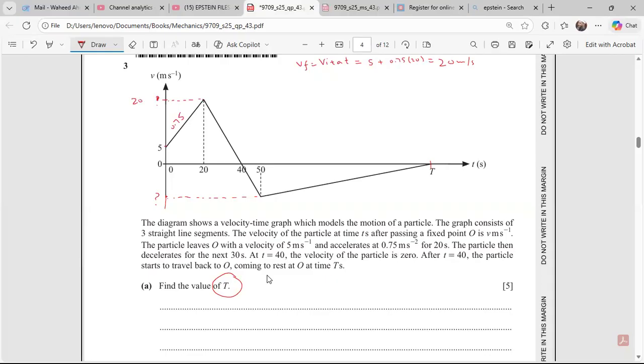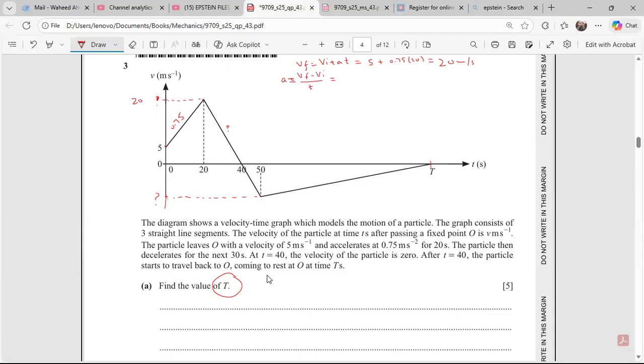Now the next thing given is that its speed starts reducing, so it is decelerating. In this interval from 20 to 40, within 20 seconds, its speed becomes zero. What is the acceleration here? Rearranging the same equation, the acceleration is Vf minus Vi over t.